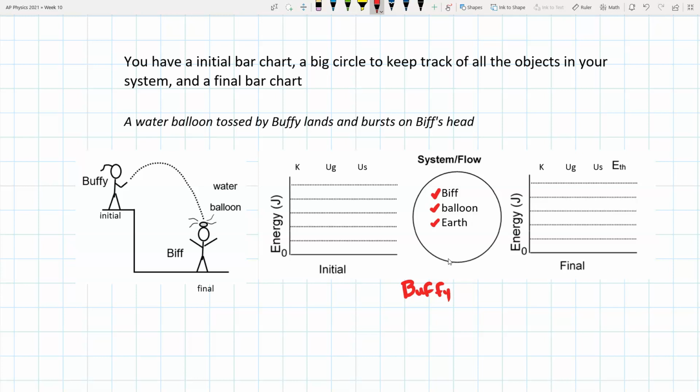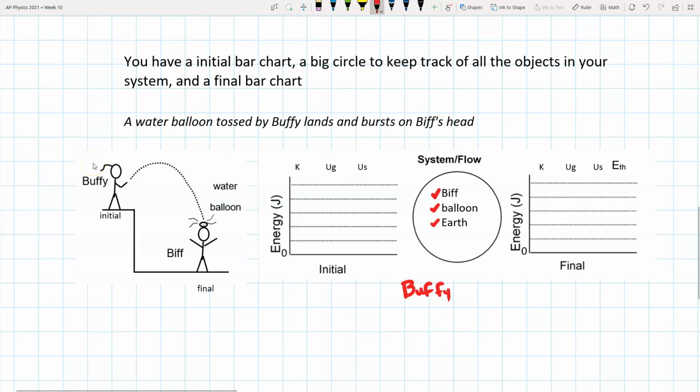So if she does anything to our problem, she's going to be some outside influence that's adding energy to the system. All right, the bar chart over on this side now is there to keep track of all the energies that we end with. Okay, so let's walk through this and see how we can set this up.